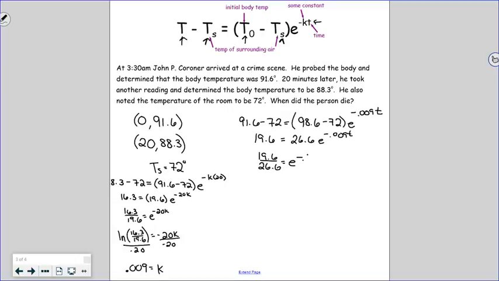Flip to logarithmic, natural log of 19.6 over 26.6 equals negative 0.009 times time. That's going to give me some ugly number in my calculator. Divide by negative 0.009. What are we getting for a time?